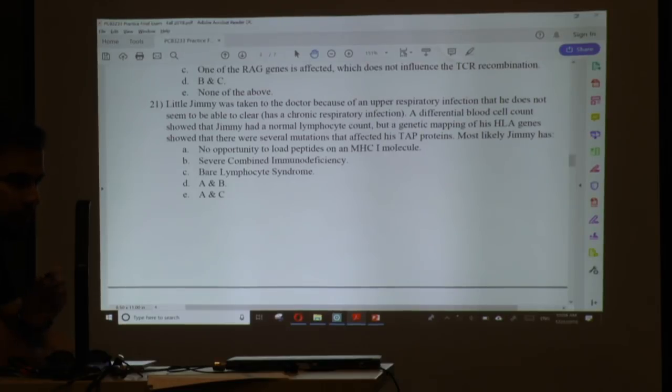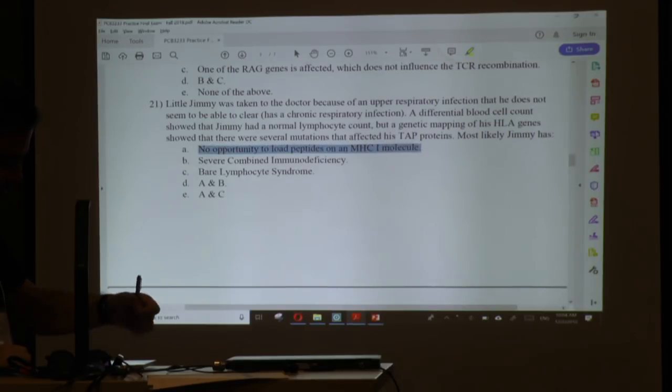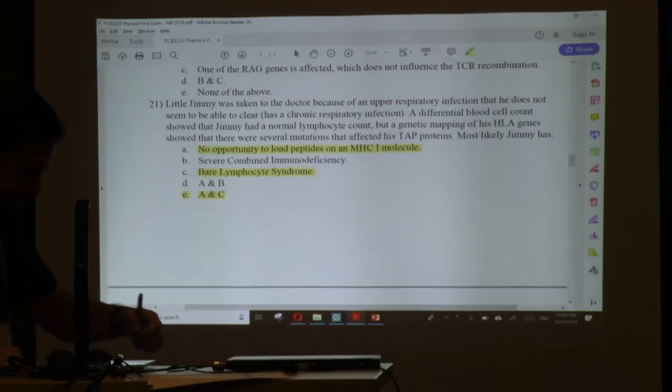So if you don't have TAP proteins, you're not going to be able to load MHC 1, because remember, TAP proteins work sort of as a gate between the cytoplasm and your ER, so that peptides can be transported from the cytoplasm to the ER and loaded on an MHC class 1 for presentation. So I just told you the first part of the answer, right? And then the second part is that he has bare lymphocyte syndrome. Make sense? Yeah? All right. Cool.